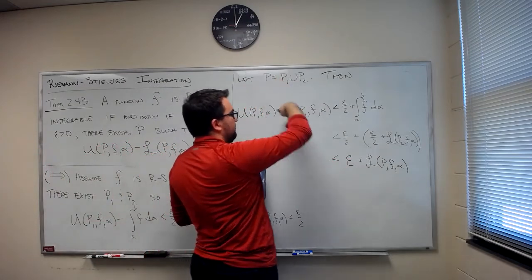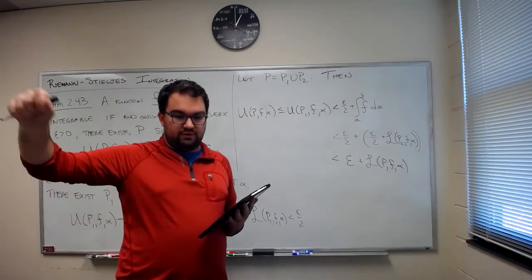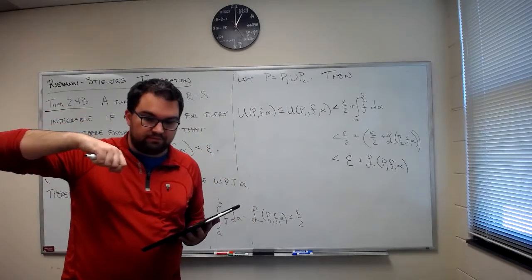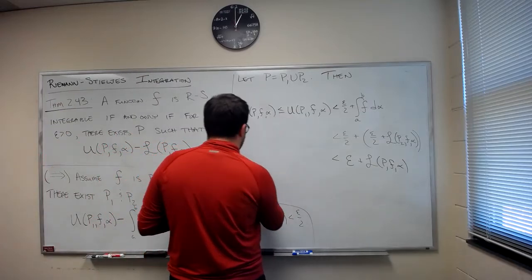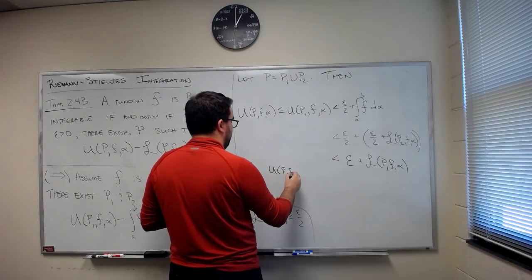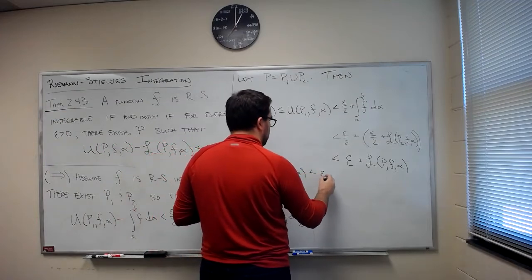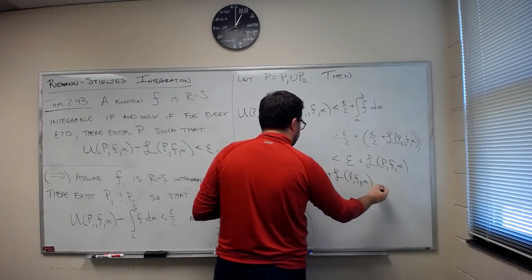And since P is a refinement of P2, that makes our lower sums larger, right? Refinements make lower sums larger and upper sums smaller. Okay, so I get this. So at the end of the day, what do I have? U(P, f, alpha), that's here, is less than epsilon plus L(P, f, alpha).